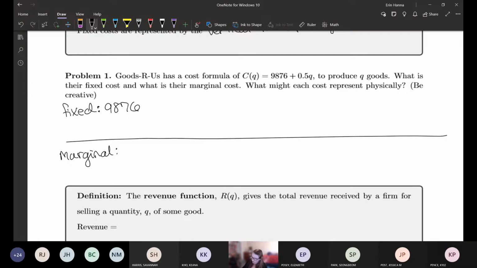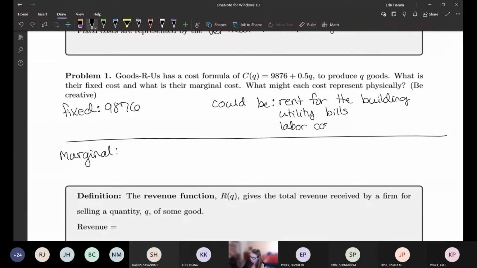So that'll be our 9876. This could be, and I kind of already mentioned this, rent for a building. It could be for utility bills or other bills. It could be for labor costs. It could be for equipment. Essentially anything that you need before you even start making any of the products that you're making.